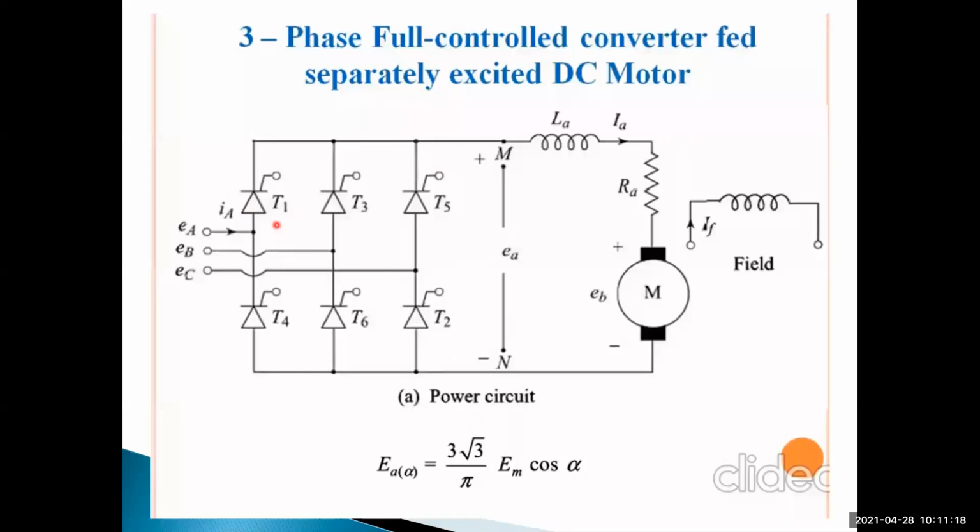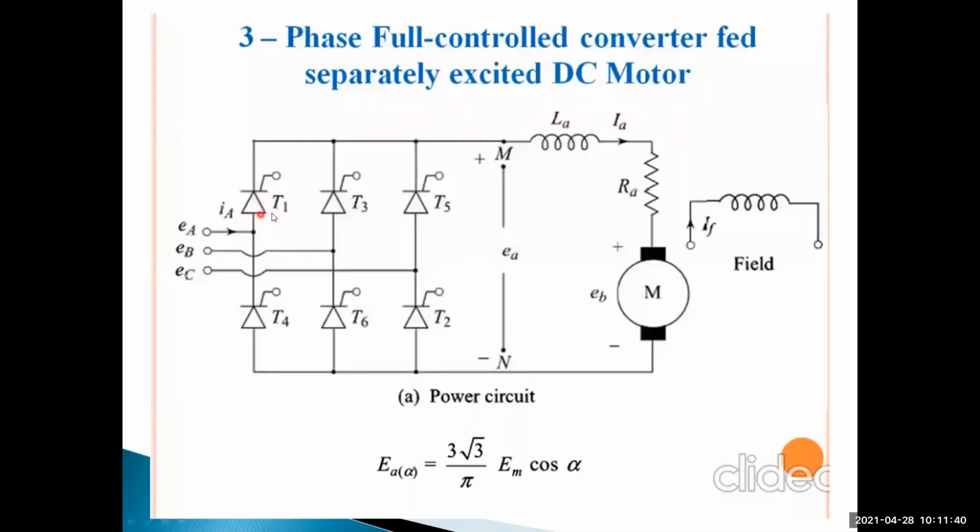That means 120 degrees. Okay, the conduction duration of thyristor T1 is 120 degrees, T3 is 120 degrees, and T5 is 120 degrees for positive sequence. Okay, for the positive side, the thyristors can be controlled up to 120 degrees only.